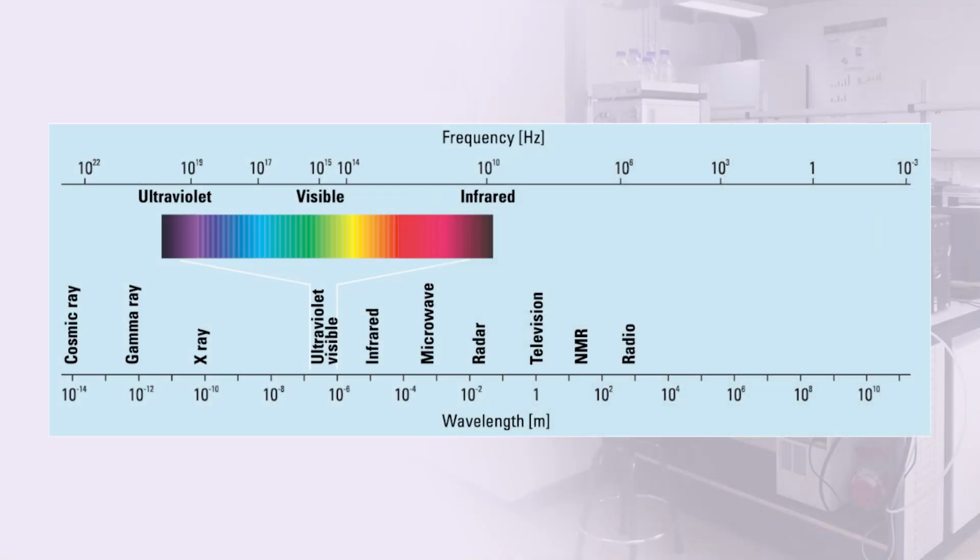Look at the electromagnetic spectrum. Here you see we have infrared, which, if it is falling on the material, then the molecules will vibrate. If the far infrared is falling, the molecules will rotate.